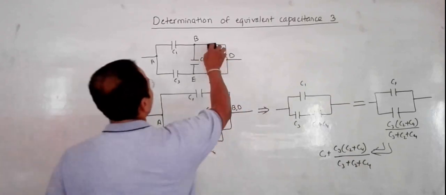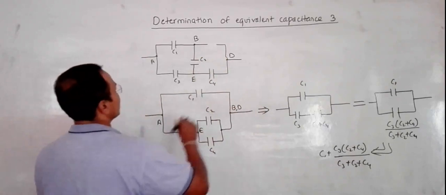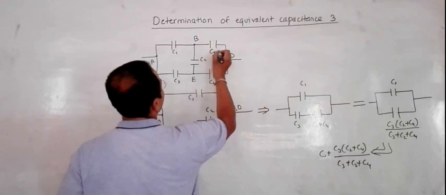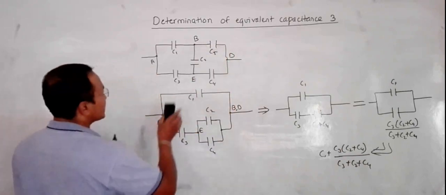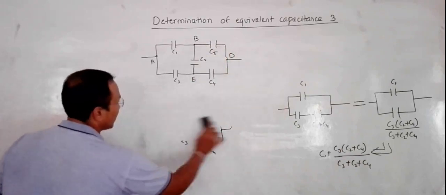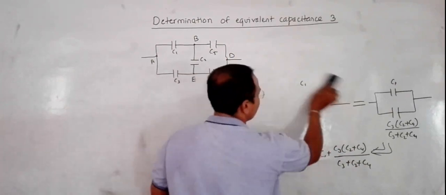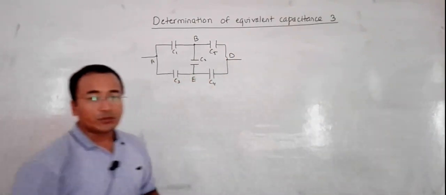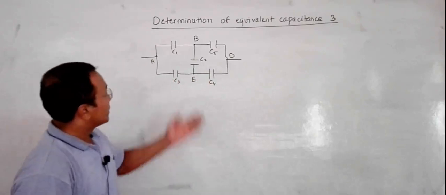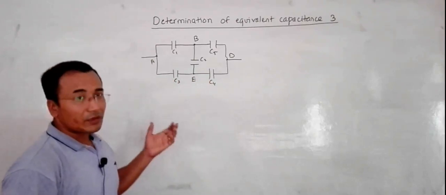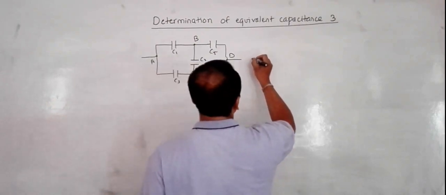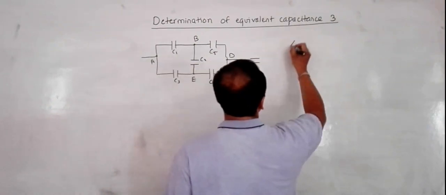Now if we have another capacitor like this, let us say C5, this circuit resembles a Wheatstone bridge, as is done in the electric circuits chapter. There we used to have resistors, and here we have capacitors. And this circuit is the same as this circuit.